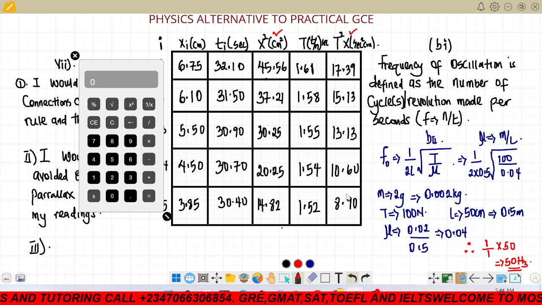So I should choose a scale that is not too close. I want it to spread out, so it will be convenient for me to plot the graph, to estimate and look for my line of best fit after plotting, and to look for any other things that the examiner asks me to look for.